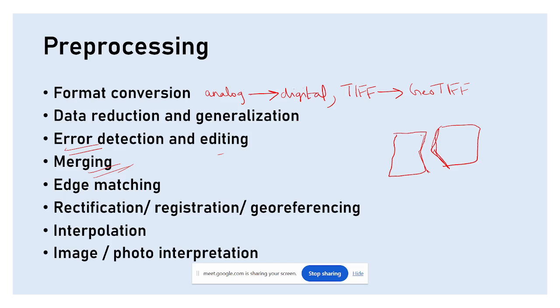You might not have given the GCPs properly, or some information might have caused distortion. So the edges will not fit properly, and edge matching needs to be done. We might have to do it manually rather than automatically.